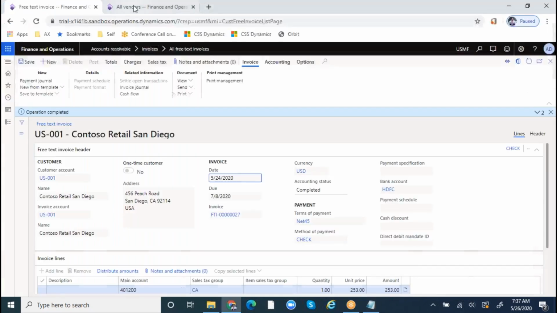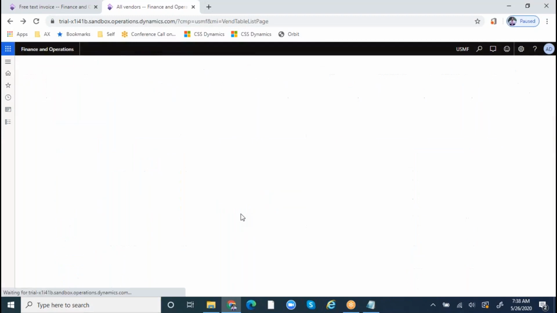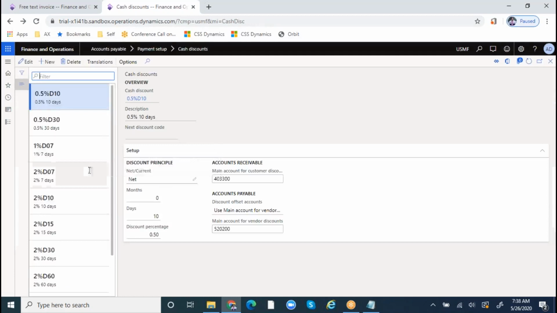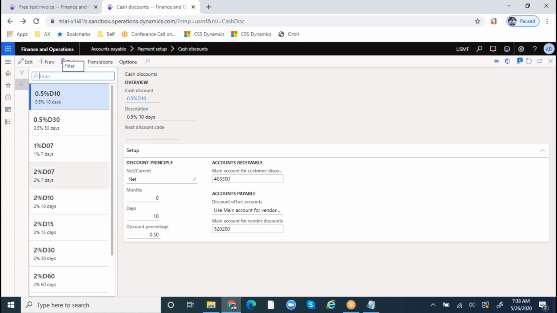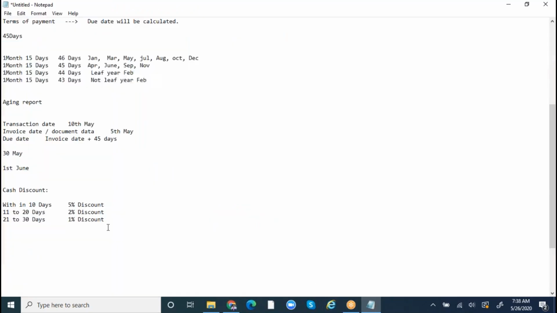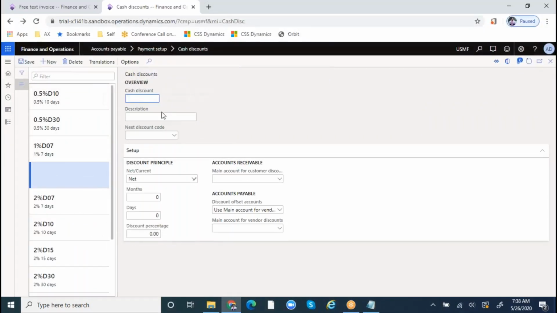So now here in terms of payment, next to terms of payment there are cash discounts. Okay, there are so many things here. Let me create my own discounts. 5% 10 days.